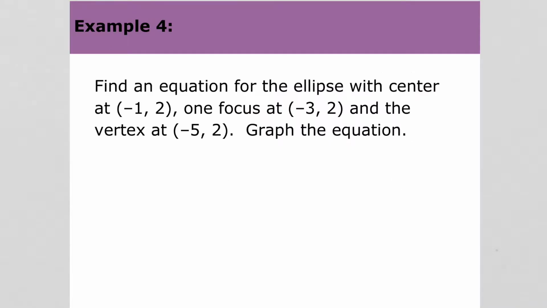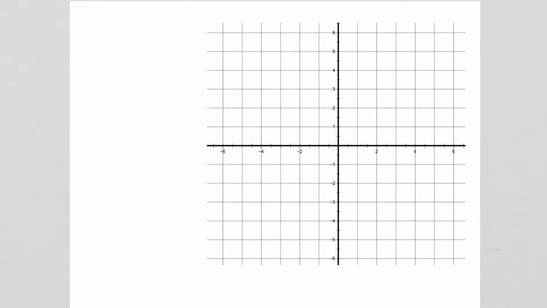Example 4 asks us to find an equation for the ellipse with center at negative 1, 2, one focus at negative 3, 2, and the vertex at negative 5, 2. So I'm going to start by graphing these points that we've been given so far. So it says the center is at negative 1, 2.